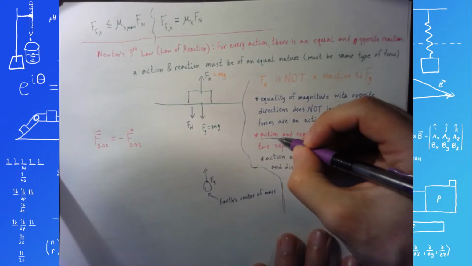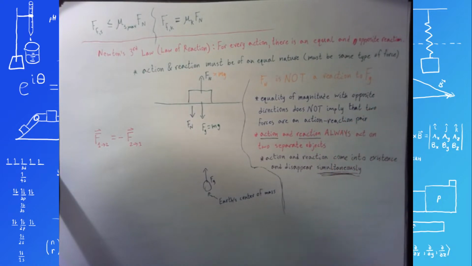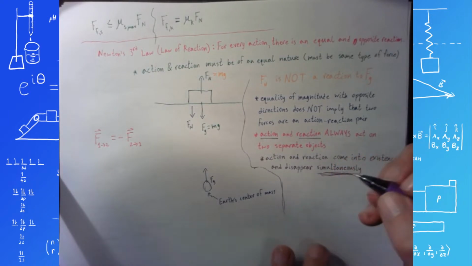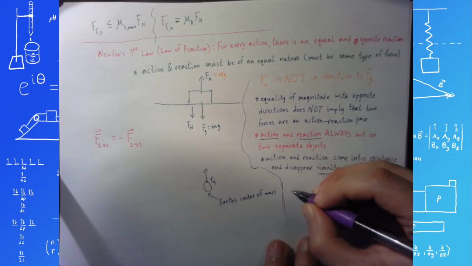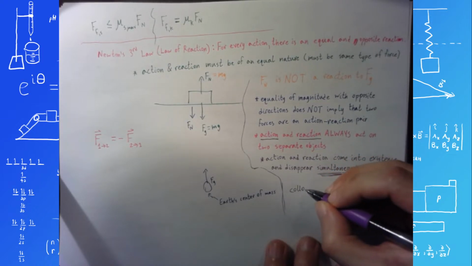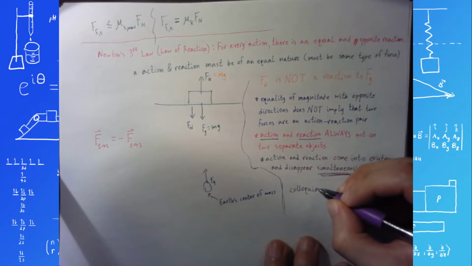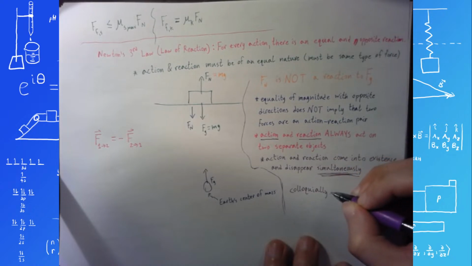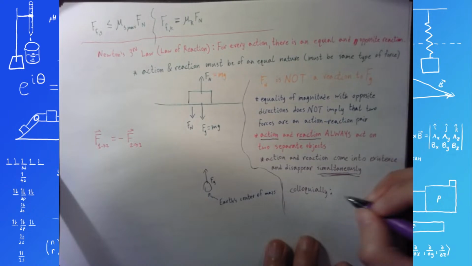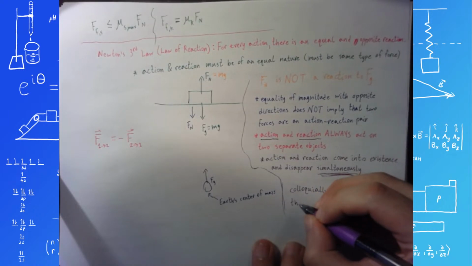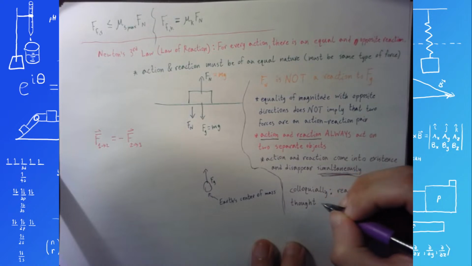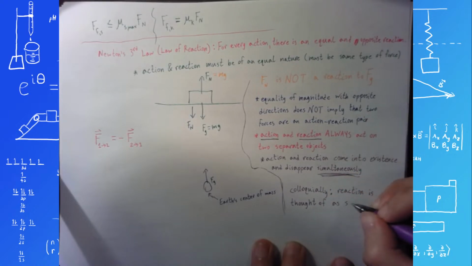The words action and reaction can be a little bit misleading only because of our colloquial definitions of the words action and reaction, specifically reaction. We usually think of the word reaction as something that happens after. Colloquially, reaction is thought of as something that happens after.